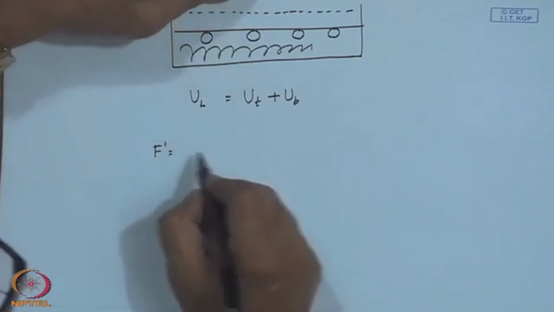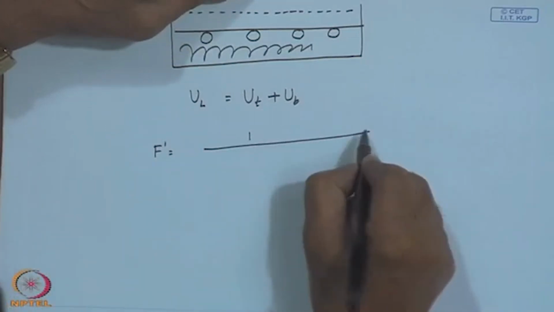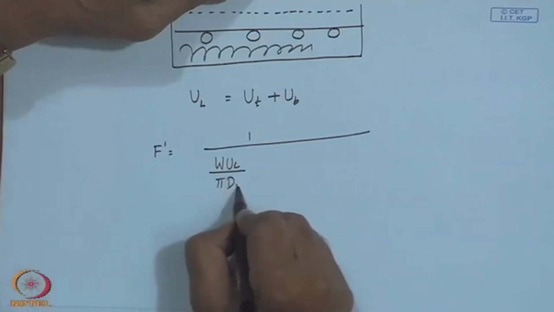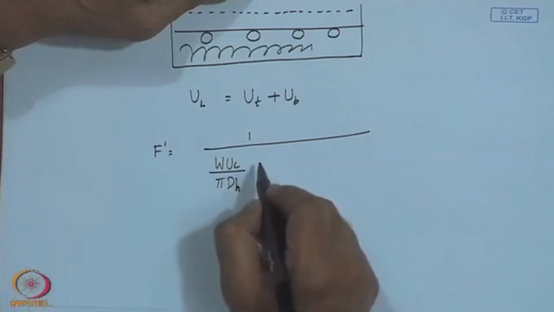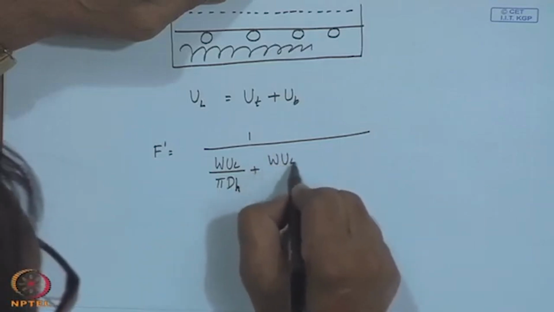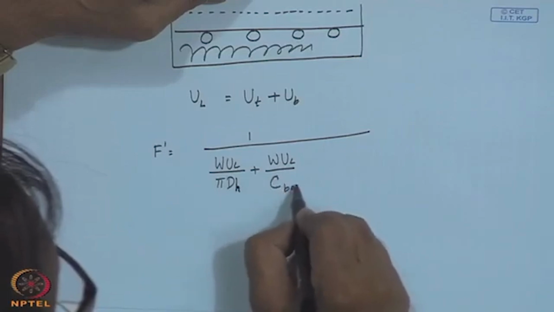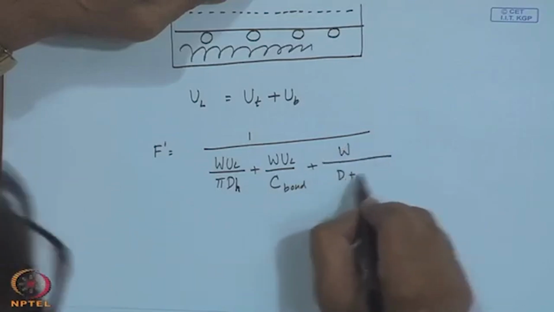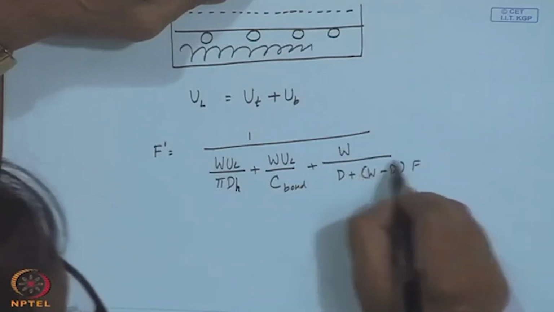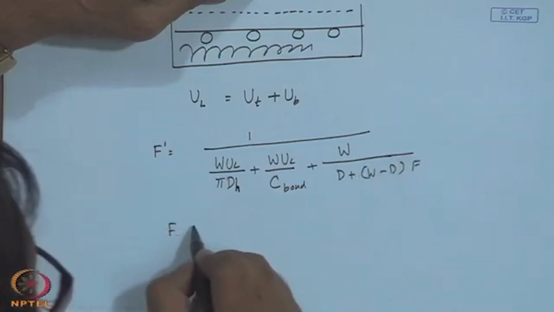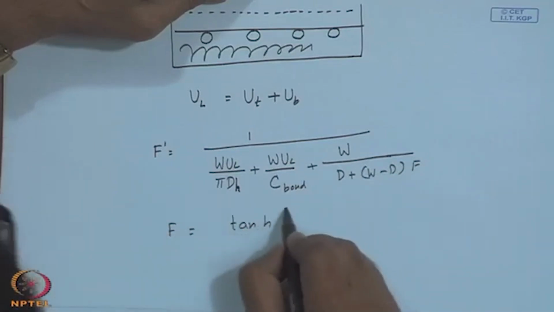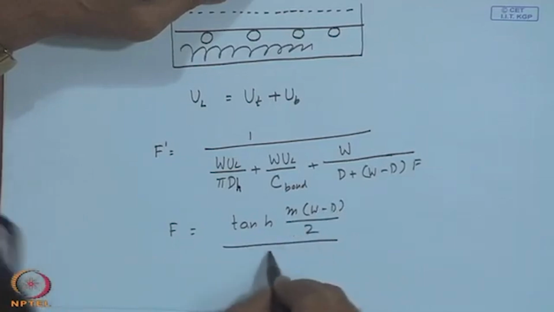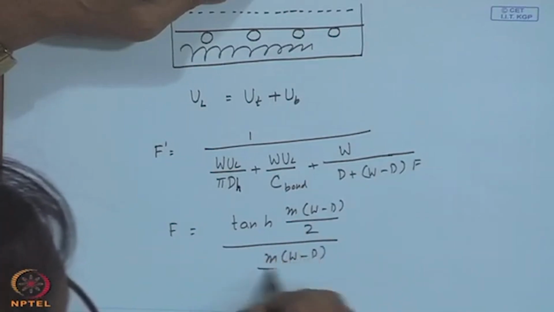For the collector efficiency factor, F dash is 1 upon W U L by pi d h, where this h is the heat transfer coefficient, plus W U L upon bond conductance, plus W upon d plus W minus d times F, where F is the fin efficiency given by tan hyperbolic m into W minus d by 2 by m times W minus d upon 2.